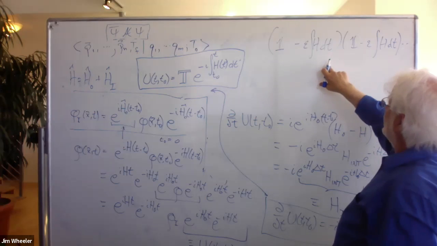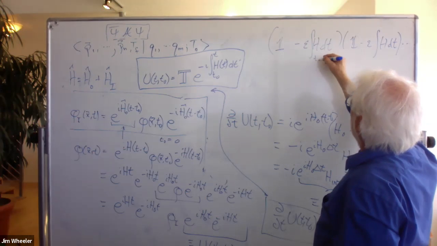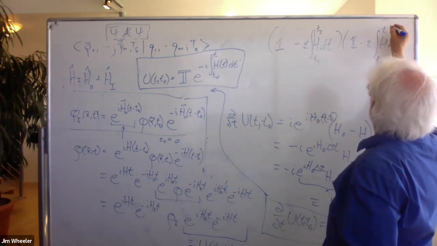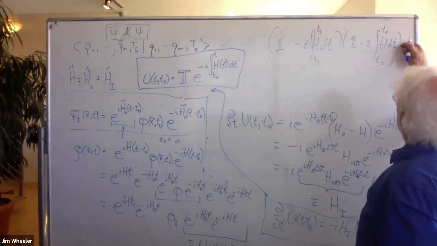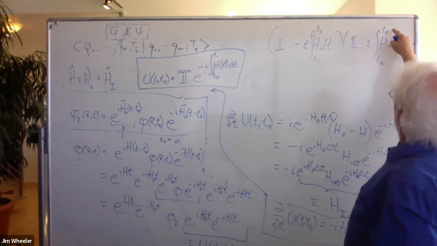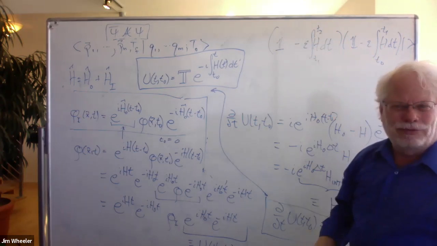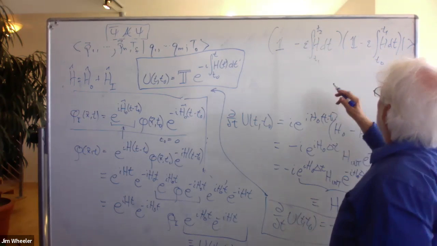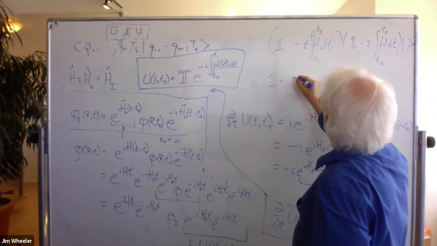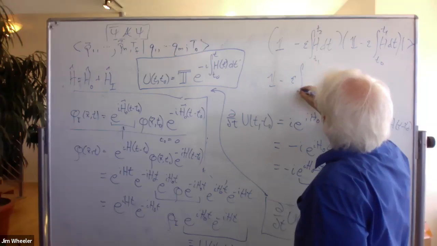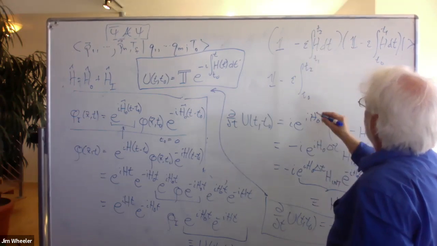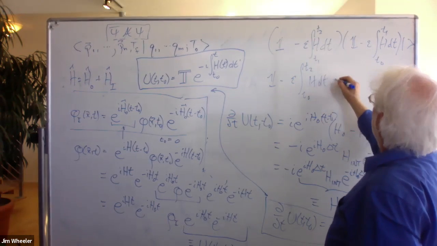Those are going to add together. So you're going from, say, T1 to T2 here and T0 to T1 there, right? And this is acting on your initial state. So you take it one time step, now you take it another epsilon time step. And the problem comes when you get to the second level. At the first iteration, the integrals just add and you get T0 to T2 H dT, no problem here.